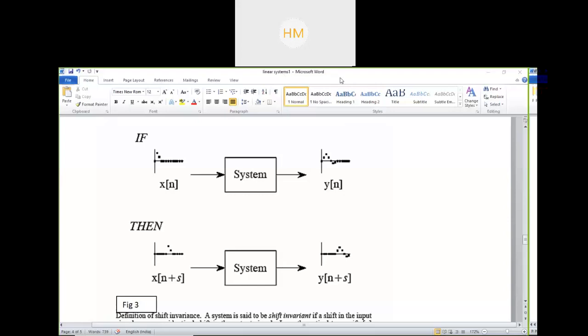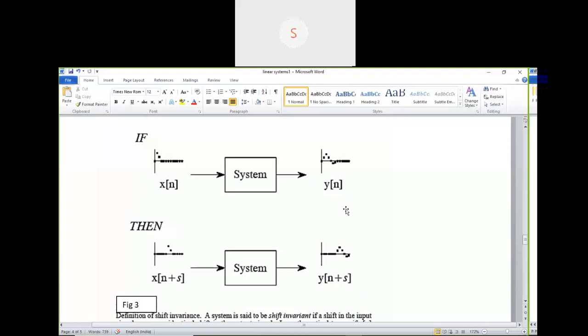When we pass this signal through a certain system, then we notice a shift, a variation in that signal.